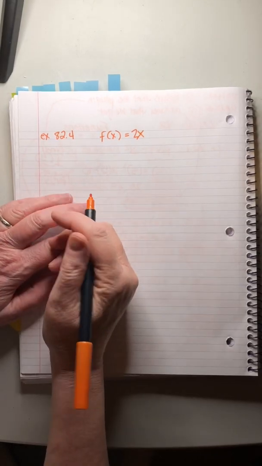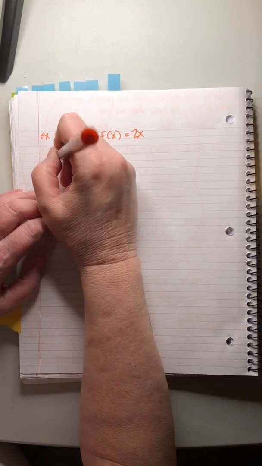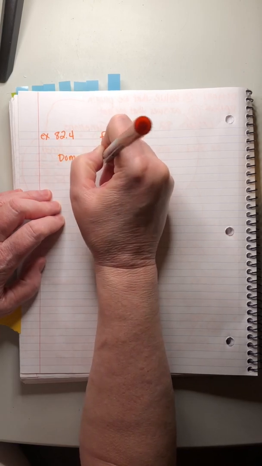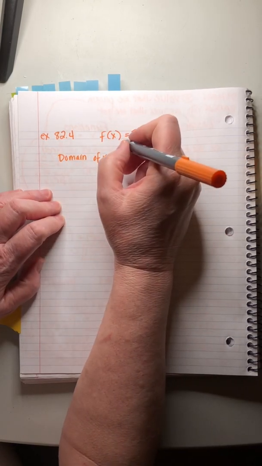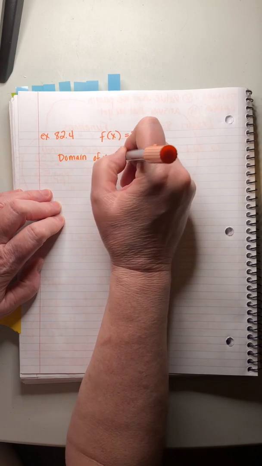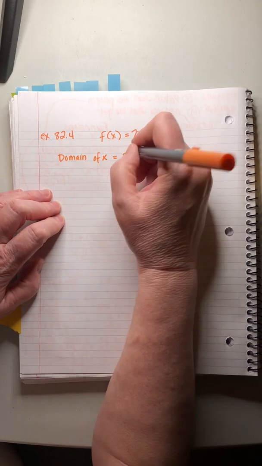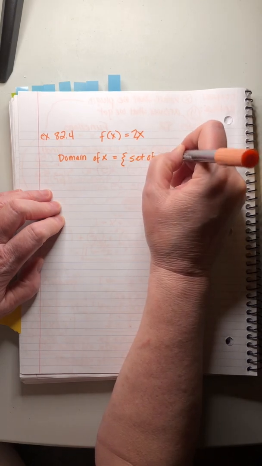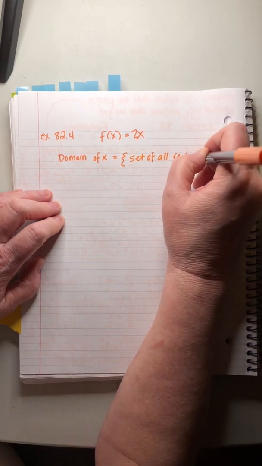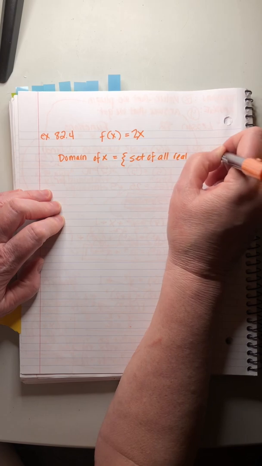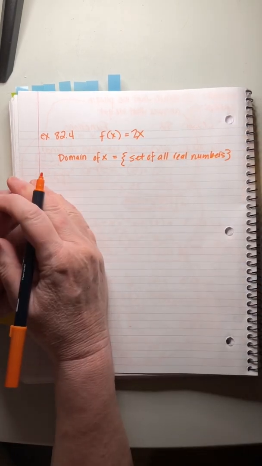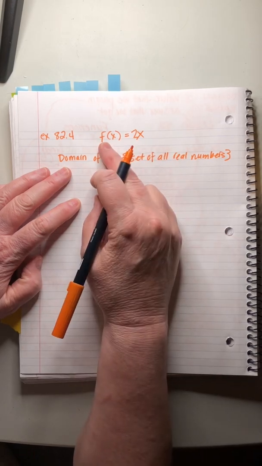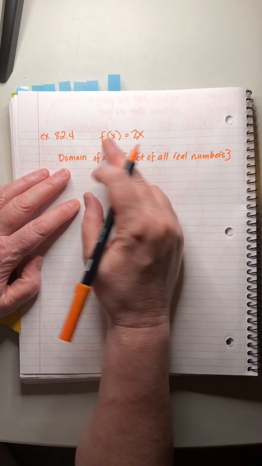So what we say is that the domain of x equals the set of all real numbers, which means go ahead, throw anything in there. It's fine. And if we do that, we'll be able to calculate another value, right? And there's no limits on what that can be.